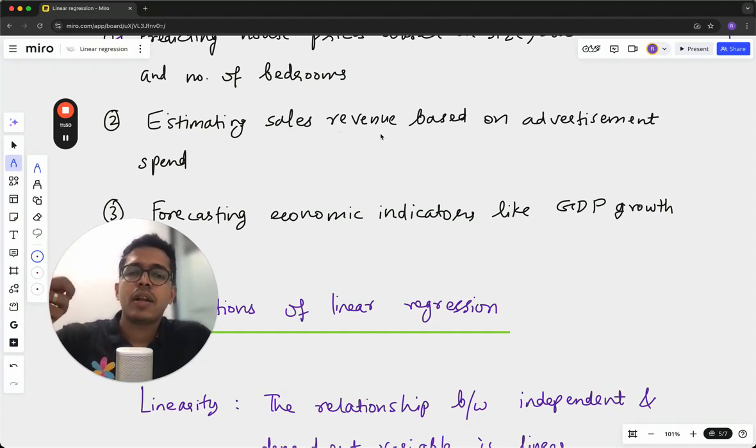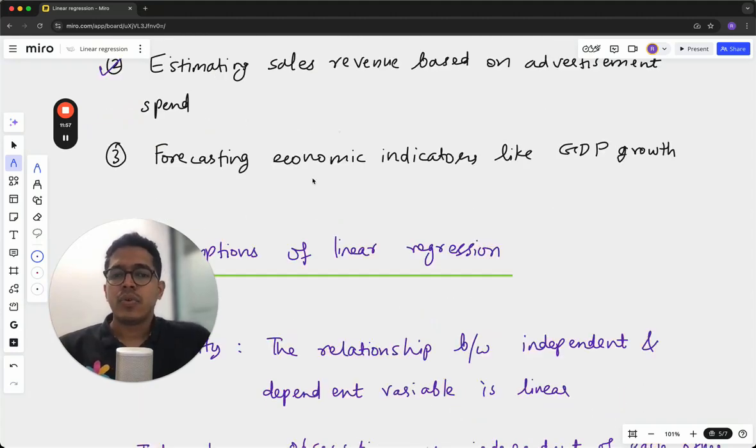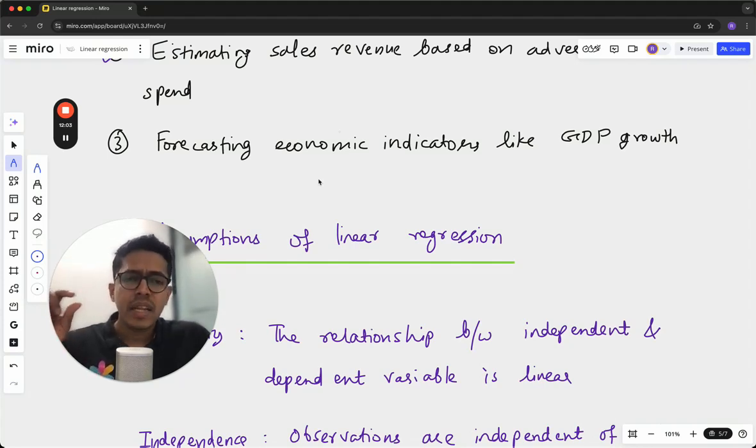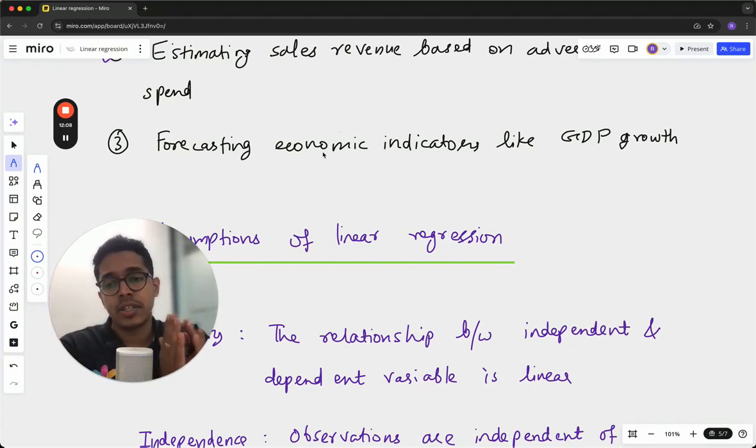So a linear regression model essentially finds that factor. And of course, forecasting indices like GDP growth rate or anything else: if the data set is considered for a relatively shorter amount of time, then you can create a linear mapping from various economic factors to indicators like GDP.